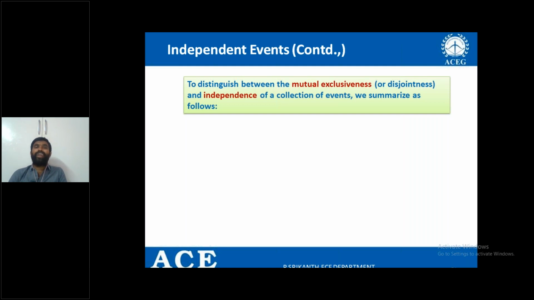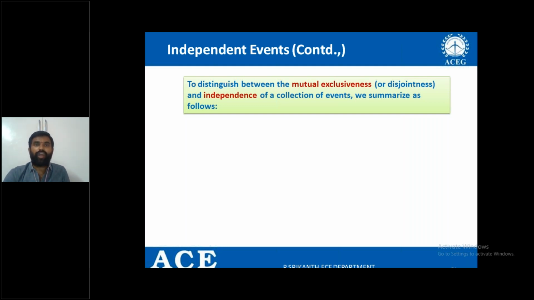There is no dependency of A on B. But careful consideration is required here: independence is different, dependency is different, mutual exclusiveness is different. That is the major criterion you need to follow while analyzing probability models, right?